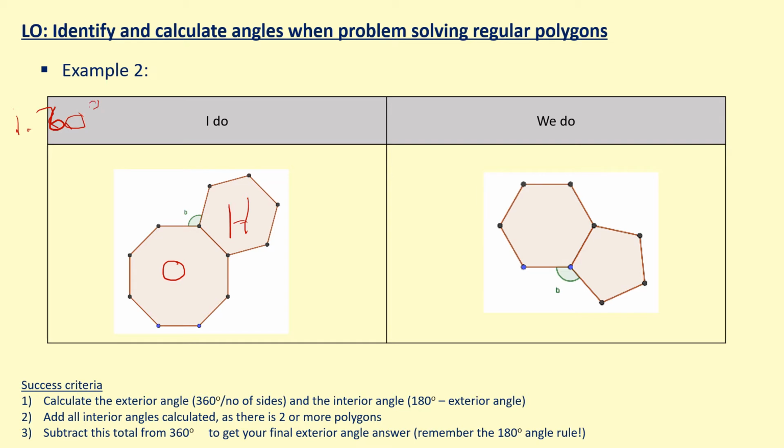I'm just writing this, not the full calculation. Then we take 180, subtract the 60, equals 120, to get our interior angle for the hexagon.